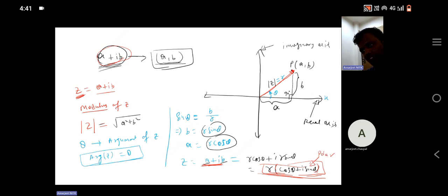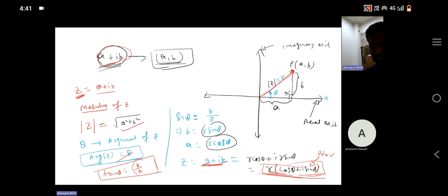Here what is theta and what is r you already know from these expressions. How can you find the value of theta? Just apply tan theta. So tan theta equals b upon a, because tan theta is equal to perpendicular upon base. In this triangle, perpendicular is b and base is a.